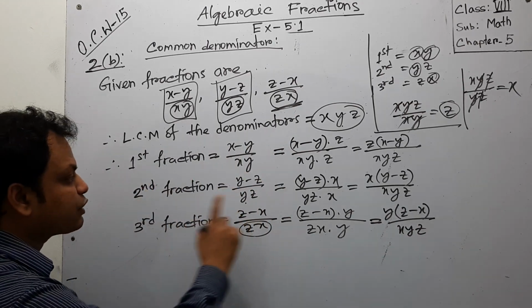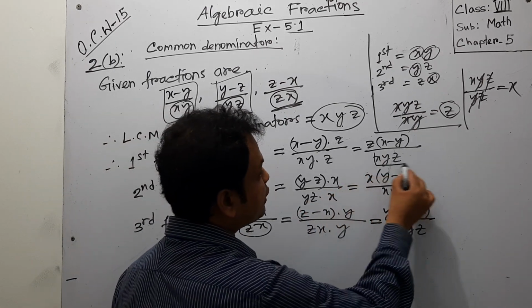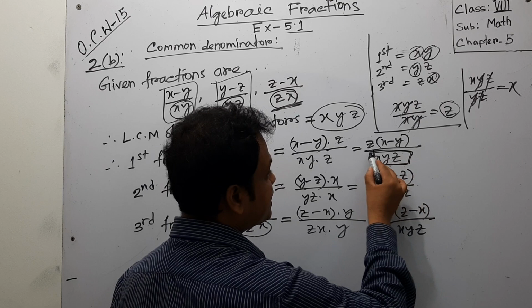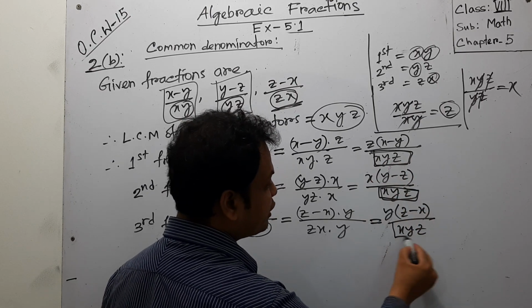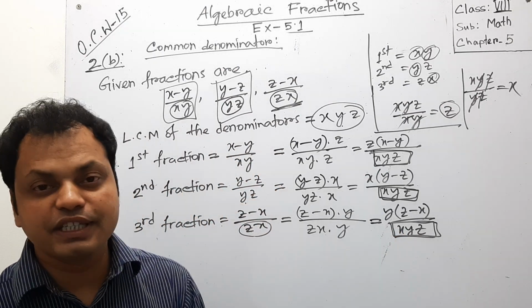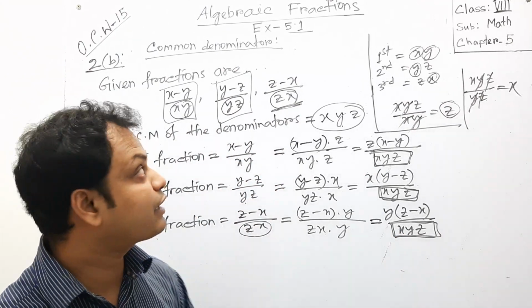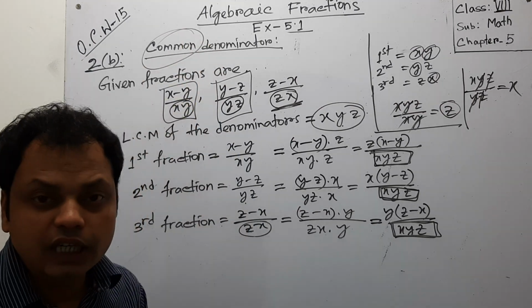So we have got the first, second, and third fractions. Look here: the denominator of the first fraction is xyz, of the second fraction xyz, and of the third fraction xyz. All the fractions' denominators are xyz, that means the same. So that is the common denominator, or equal denominator.